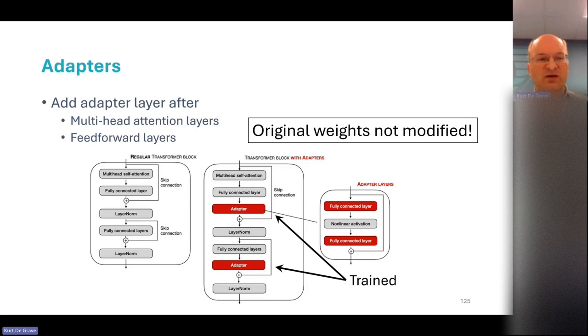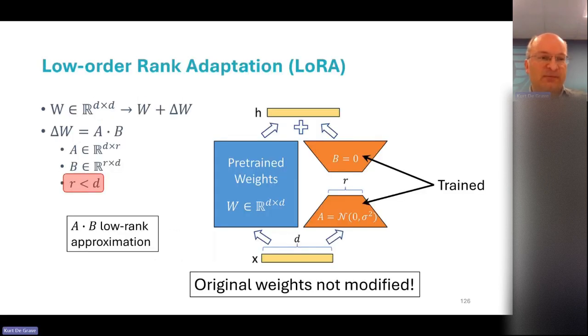So they change what the model sees, so they change the behavior in that way. Notice that these adapters are always inserted inside a residual connection, so there is a skip connection around them. And what you train is only the adapter for fine-tuning, and the rest of the weights are frozen, so the original ones are not modified.